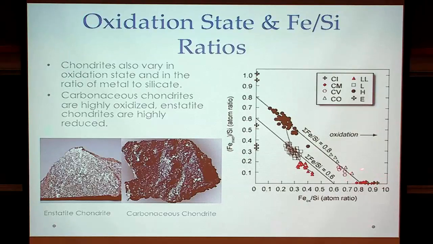So carbonaceous chondrites, plotting down here, are completely oxidized. Enstatite chondrites, completely reduced here. And by the way, there are two groups, the so-called EL, the low iron enstatite chondrites, and the high iron enstatite chondrites. And the rest of these are the so-called ordinary chondrites.